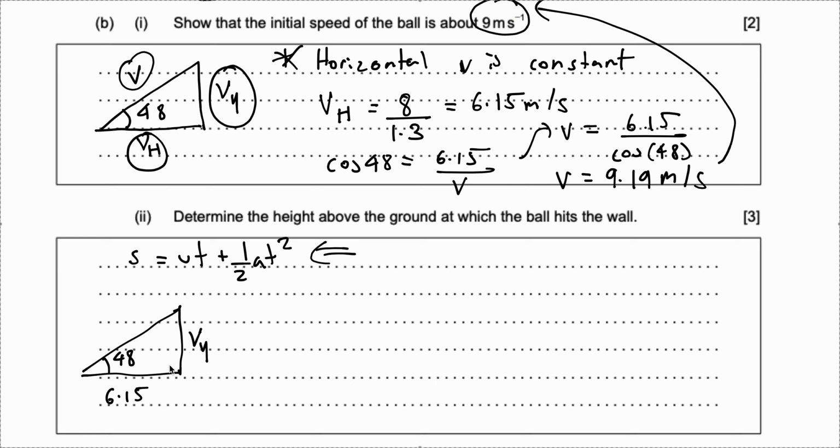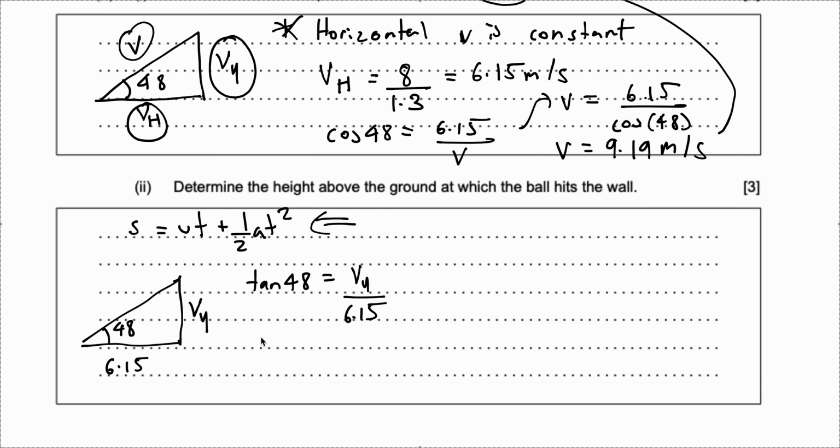Now we know this is nothing but tangent. So we can apply tan of 48. It's basically equal to the opposite over the adjacent. So vy over 6.15. So we can say that vy is equal to 6.15 times tan of 48.